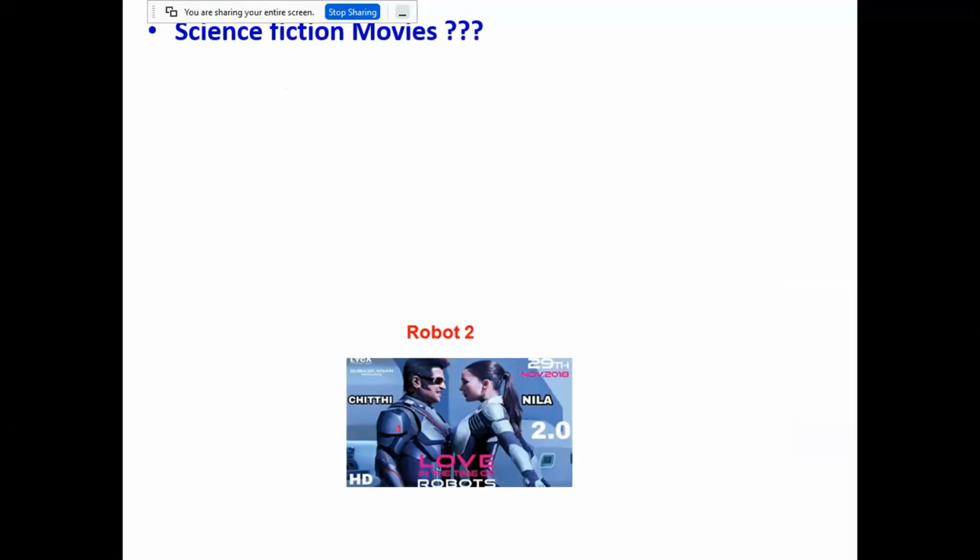And in 2018-19 is Robot 2.0, again directed by Shankar. It is a most expensive budget movie, 543 crores. You see how robots are exaggerated. They have implemented human feelings in the robot.